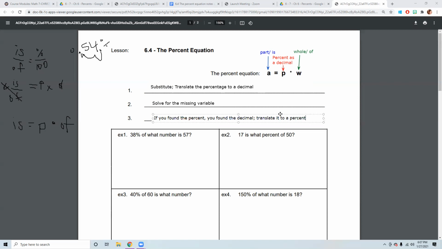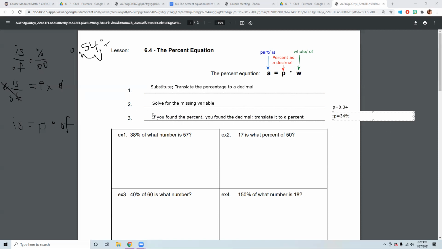And so if you do end up solving for P, which you will eventually, you're going to end up with something that looks like P equals 0.34. That's the percentage as the decimal. You need to find the actual percentage. So if you remember from our notes from 6.1, we are taking this number and we're going to multiply it by 100, which actually just moves our decimal over 1, 2. And so my final answer, if I got this answer to a problem, is going to be P equals 34%.